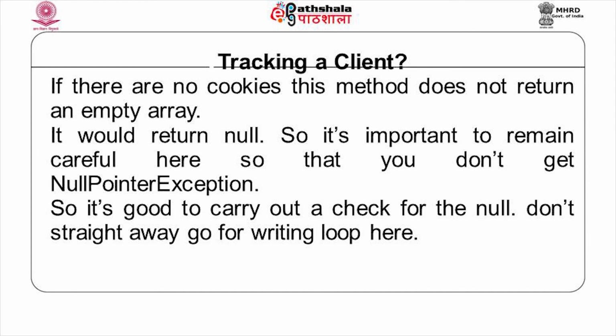The method getCookies does not return an empty array. If there are no cookies, this method returns null. So be careful, otherwise you will get null pointer exceptions. Whenever you use the getCookies method, always carry out a check for null. Don't just straight away write a loop. That is something to be careful about when using cookies.